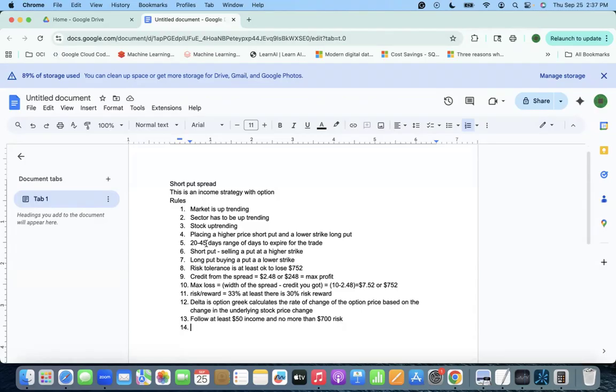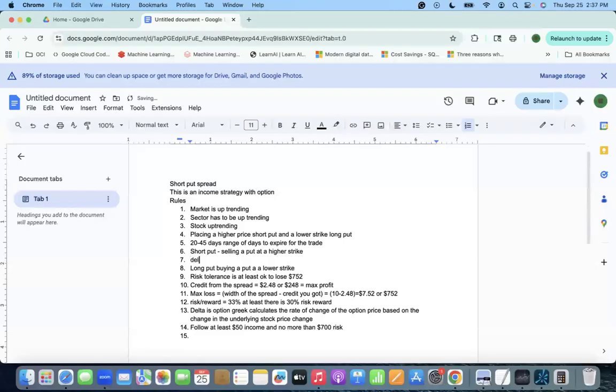But here, the rule is selling a put strike with the right delta, below 30. So the delta is at least below 30, which means my probability of winning the trade is at least 70%.